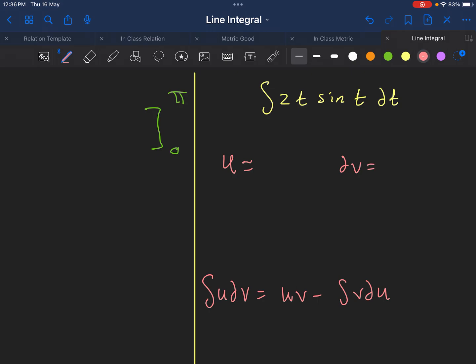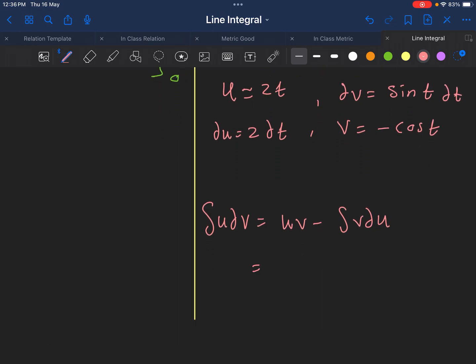Now what should be my u? Because I have two functions, one of them is polynomial, one of them is trigonometric. Usually the polynomial gets the privilege to be u, so u will be 2t. The second function, dv, will be sine t dt. Now you need to find du, which will become 2 dt, and you need to find v, which is the integration of sine, and this is just minus cosine.